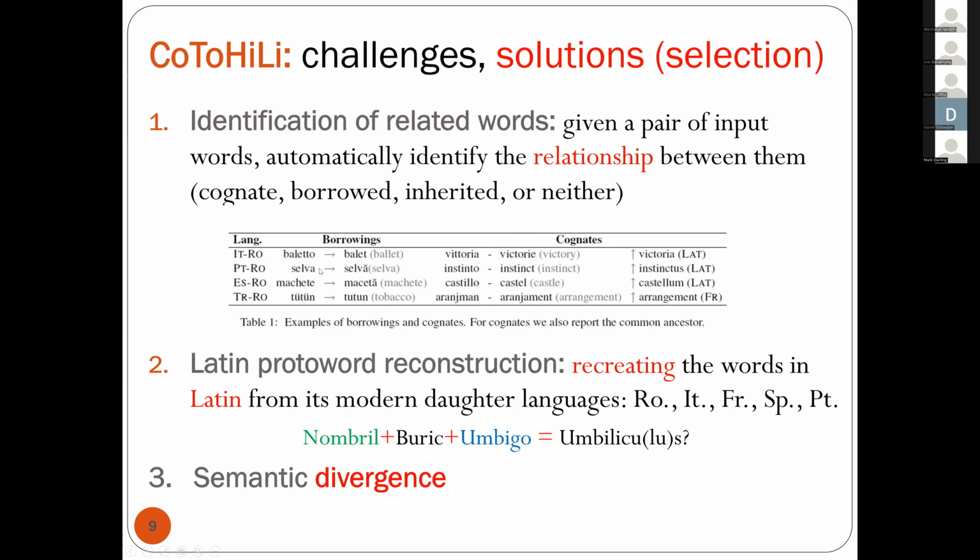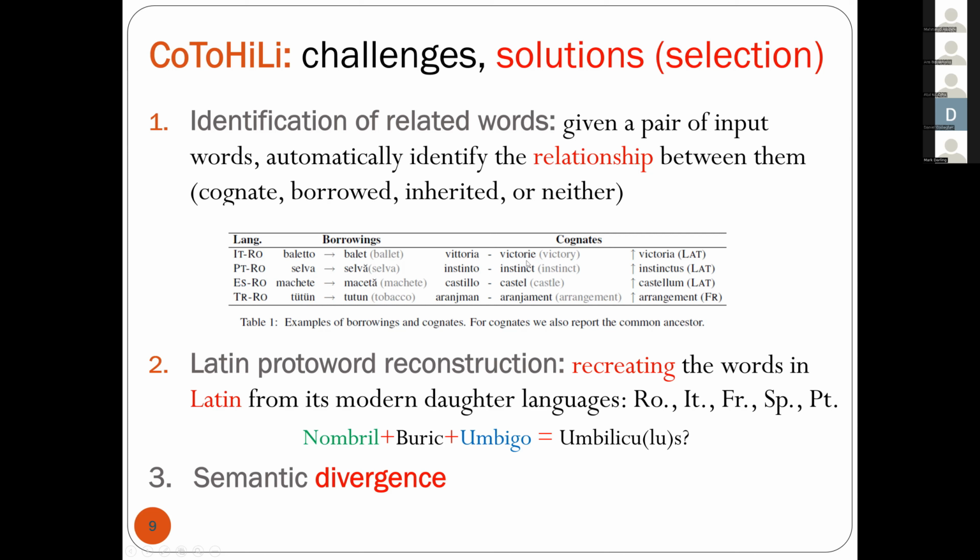If we look at the surface form, there are no big differences from the cognate forms, which we have here: victoria in Romanian for victory, instinto for instinct in Portuguese, castillo, castel for castle, and so on. At first view, it's not easy to say which ones are borrowings and which are cognates.